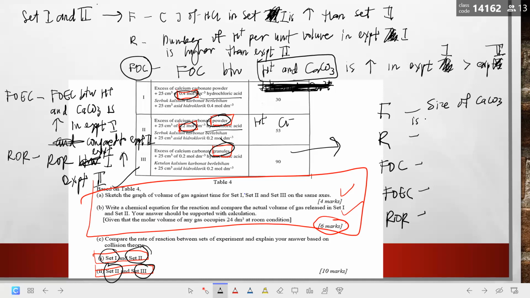Granules or powder? Powder. The smaller it is, the larger the total surface area. The size of calcium carbonate powder is smaller in set 2 compared to set 3. Okay, very good. So 1 mark already here.